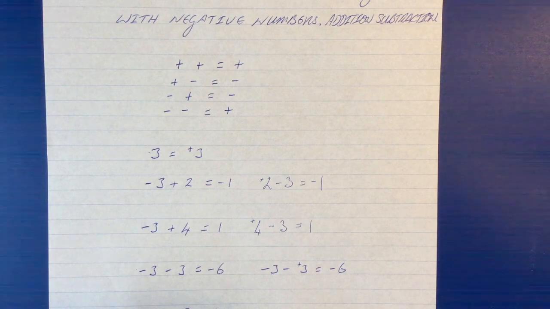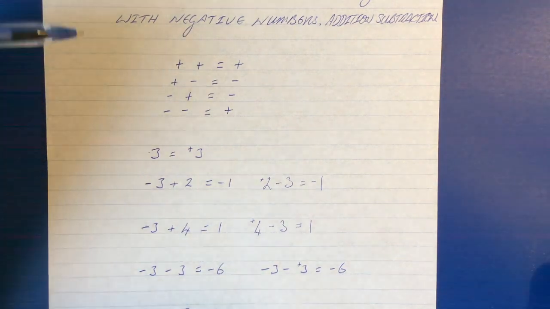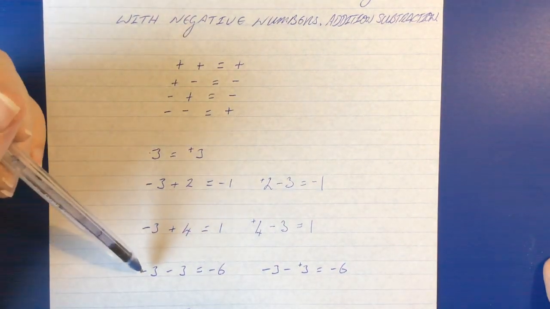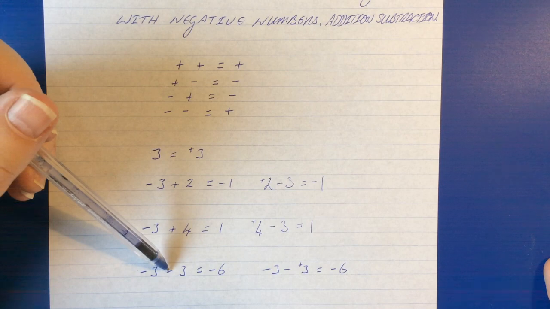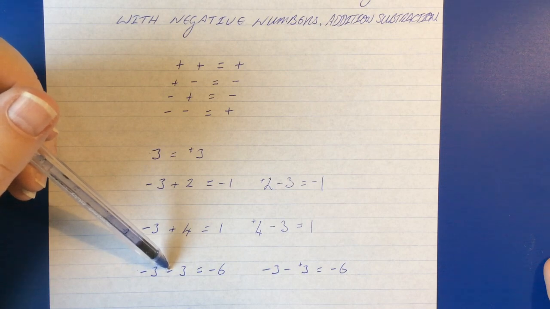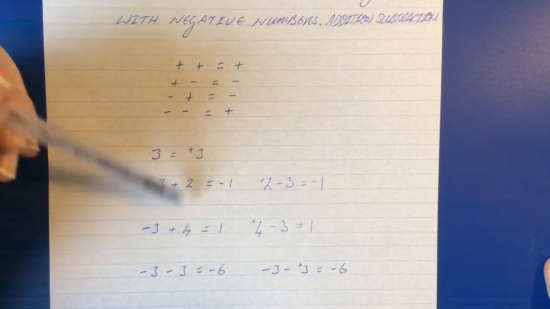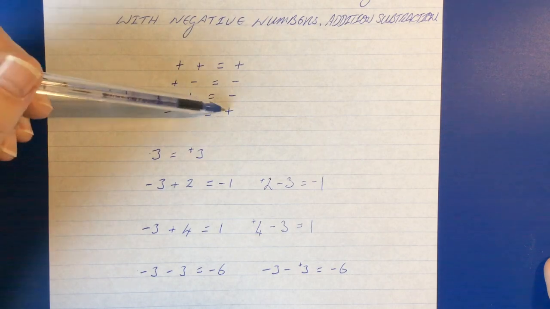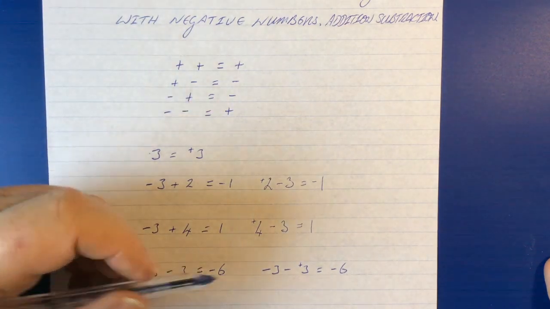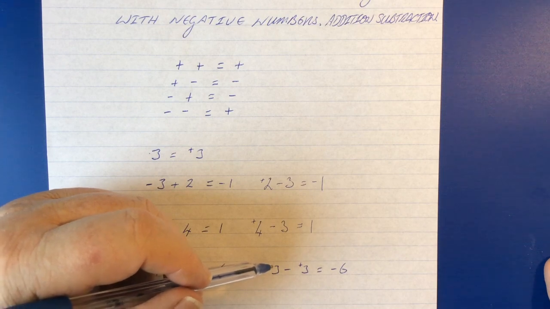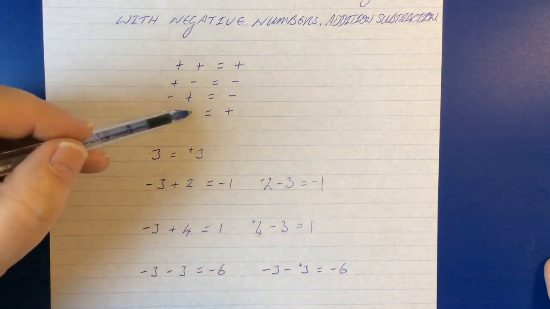Okay, so I hope this is starting to make a little bit of sense. Now here's the one that causes confusion. Negative 3 minus negative 3. And my critics say to me, yes, but there are two negatives. Why doesn't that make a positive? And the answer is, if you look over here, first of all, these two negatives are not together.